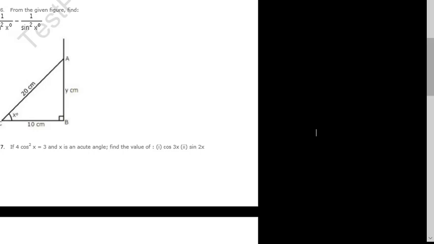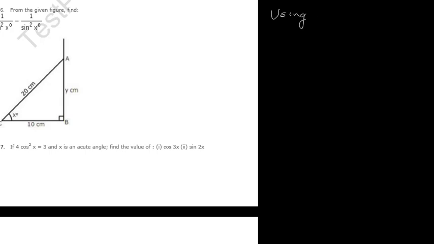So here using Pythagoras theorem, we get y square plus 10 square equal to 20 square.